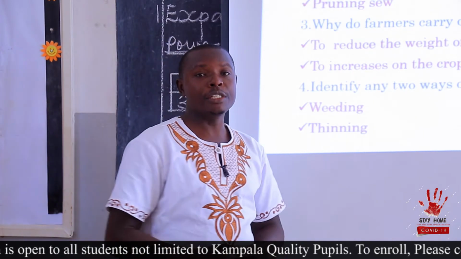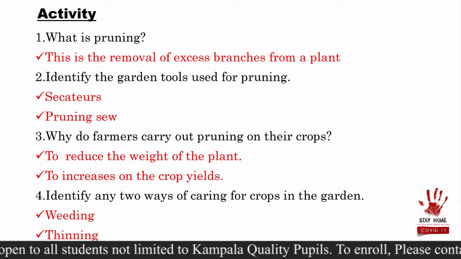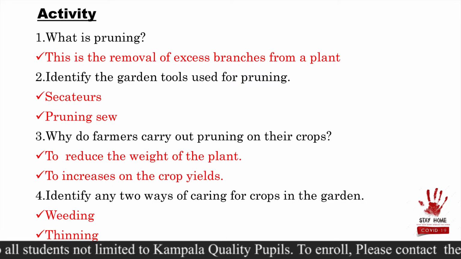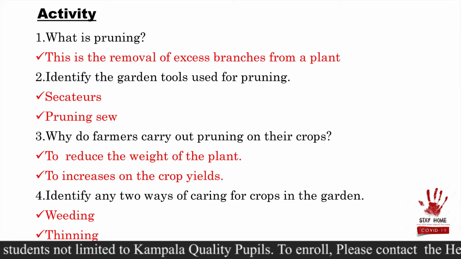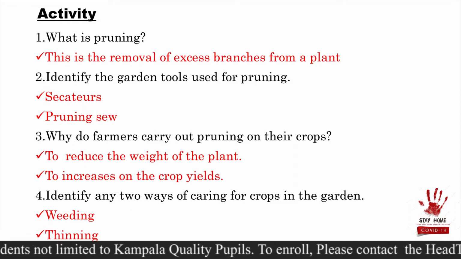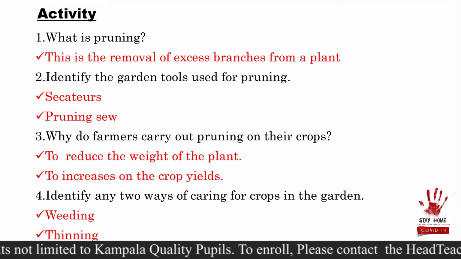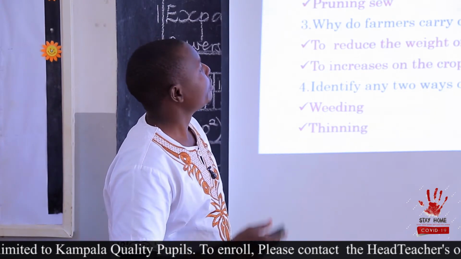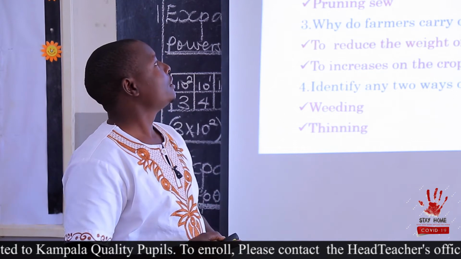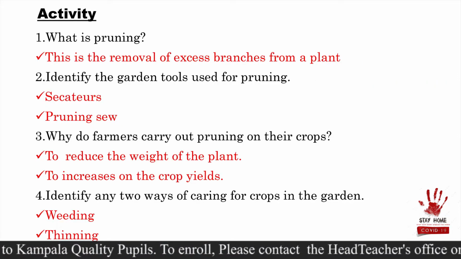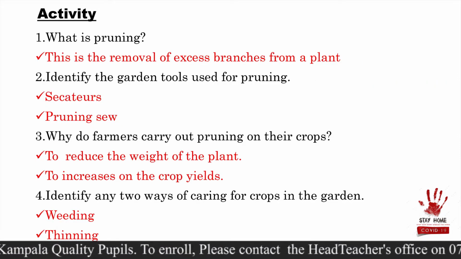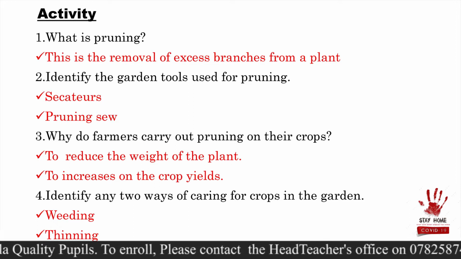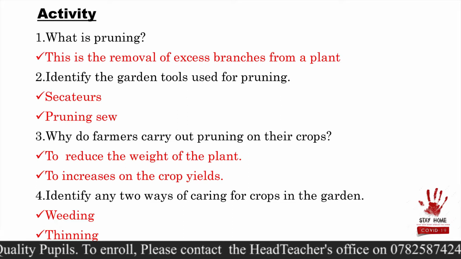The first question that I asked you was, what is pruning? And you said, pruning is the removal of excess branches from a plant. Check if it is similar to mine. Put a tick there. Two, identify the garden tools used for pruning. And that is secateurs and the pruning saw.